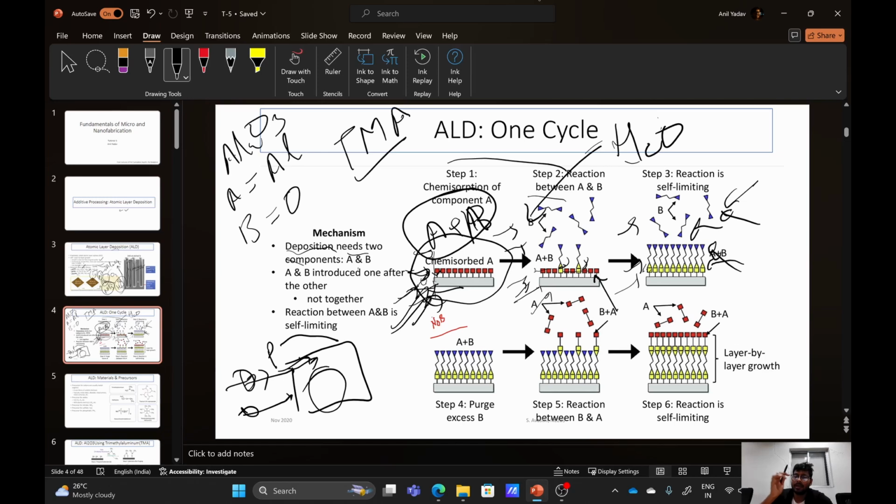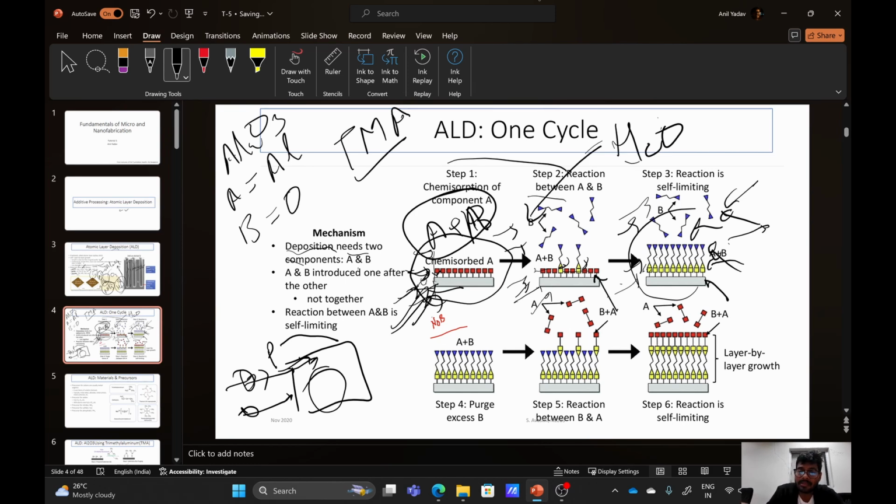A reacts with B and B reacts with A, but A does not react with A, and B does not react with B. If B had reacted with B itself, it would have formed something else.